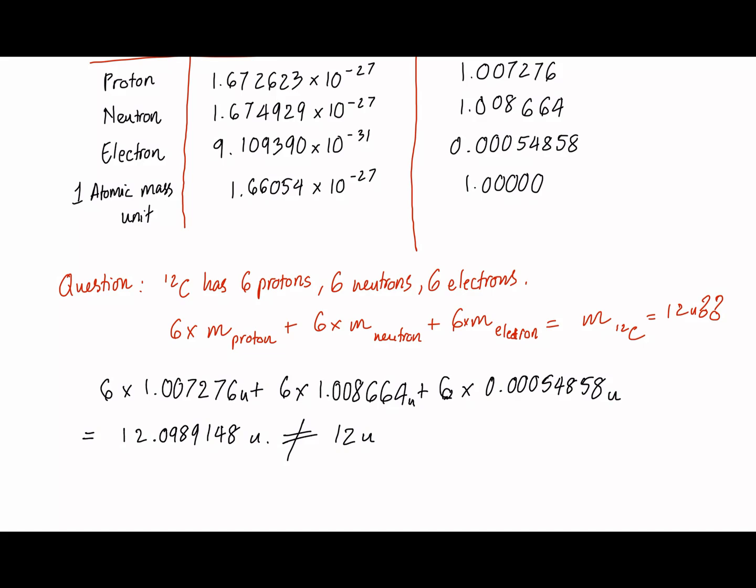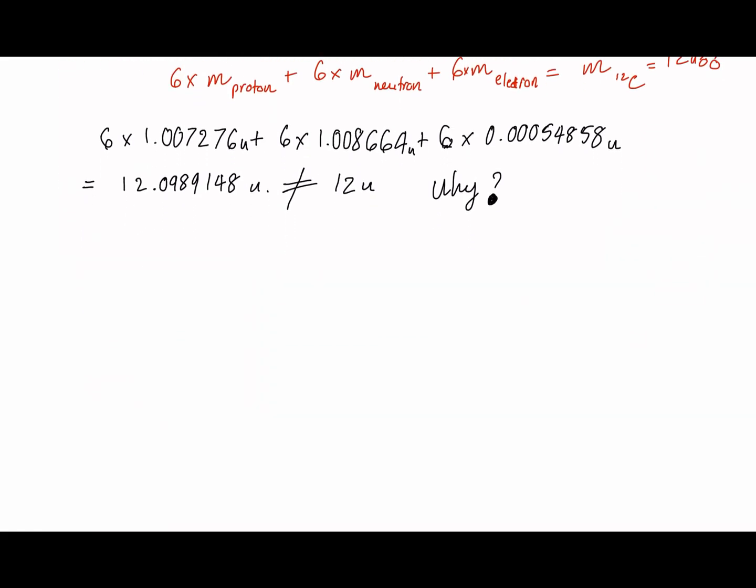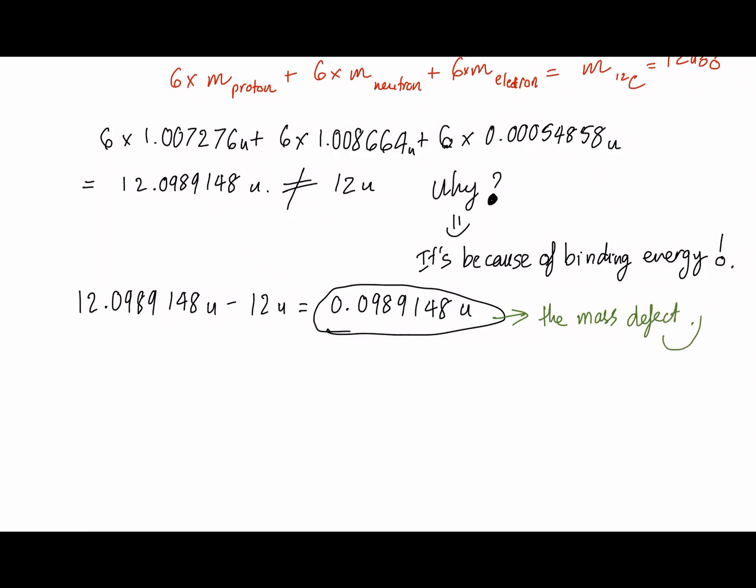Why is the mass calculated by the addition of individual neutrons, protons, and electrons to make up a carbon-12 bigger than the mass of carbon-12 itself? Now that difference in mass is called the mass defect, and it's due to the binding energy of the nucleus.